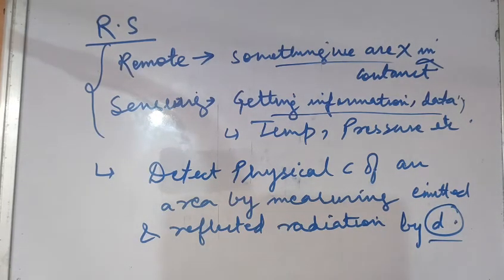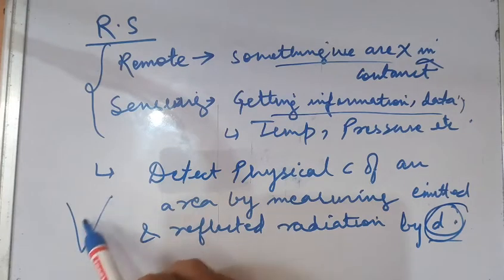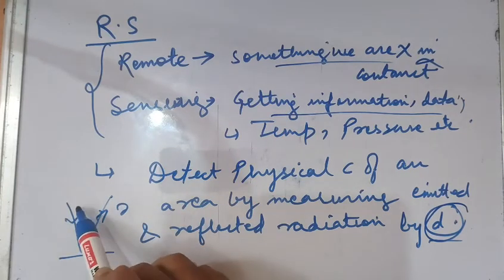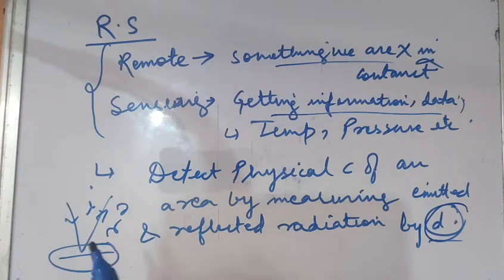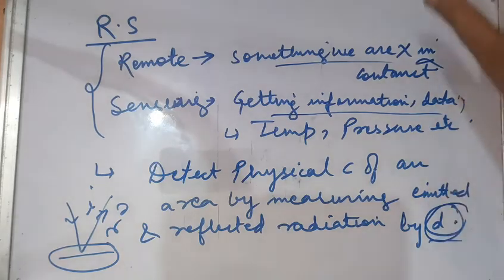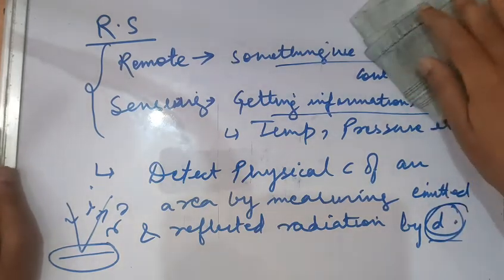As we know, it is not in contact, so it is at some distance. But how does it measure? By measuring the reflected and emitted radiation. Every object, every surface, every area has its reflectance characteristics. It emits, absorbs, and reflects lights and radiations. So that is how remote sensing works. I hope you all get this.